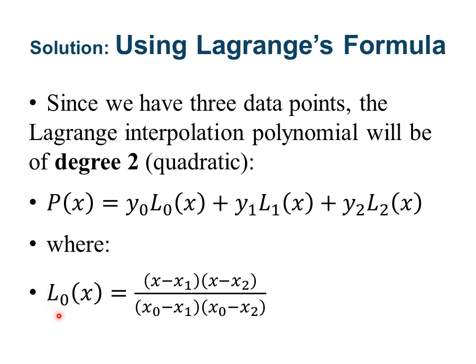Here the formula is L0(x) equals (x minus x1)(x minus x2) divided by (x0 minus x1)(x0 minus x2). In the same process we find L1(x).